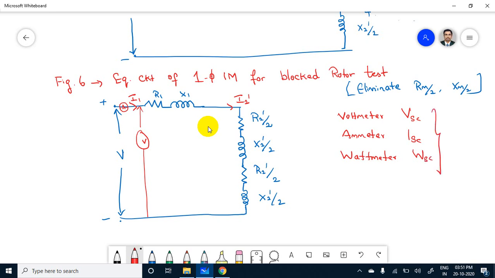So these three apparatus we are going to use in this blocked rotor test for measuring purposes. This diagram is one of the easiest concepts to measure all the performance parameters available in single phase induction motor.